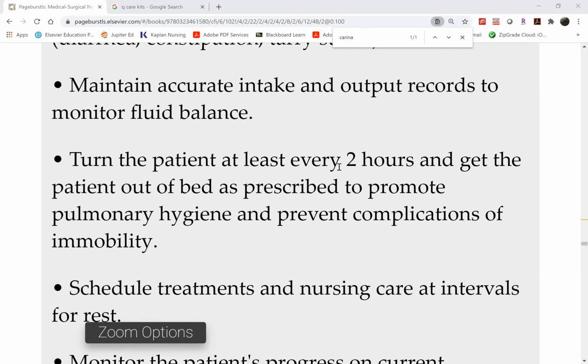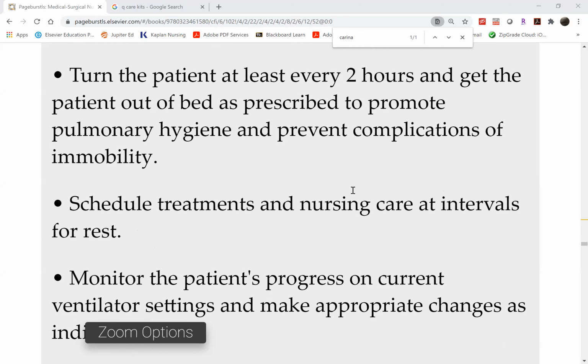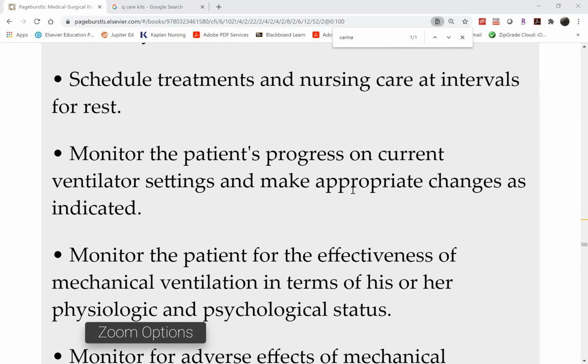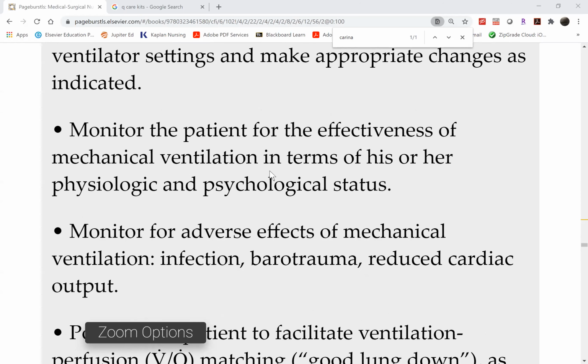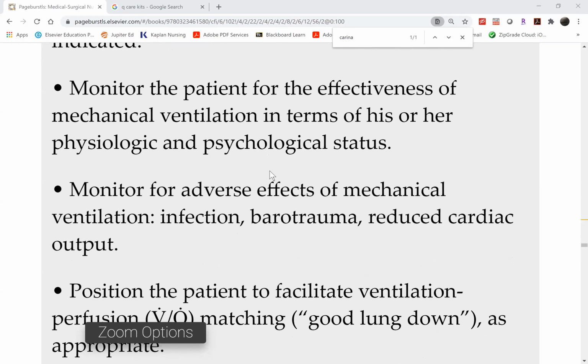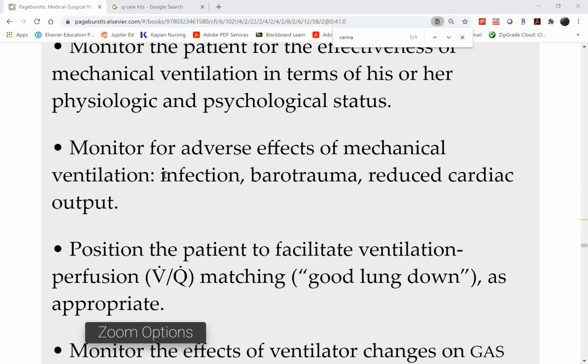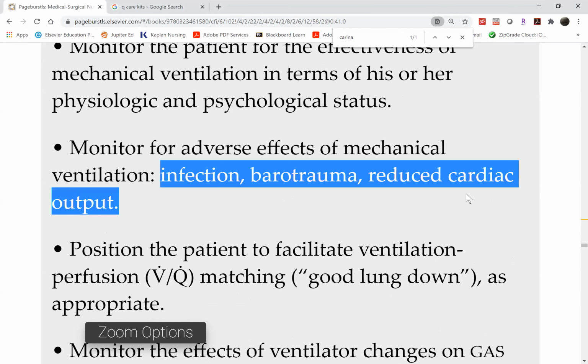So, okay, and then turn the patient every 2. Regarding this, we'll discuss the settings and the modes later. These are the common complications resulting from mechanical ventilation. Infection is pneumonia.